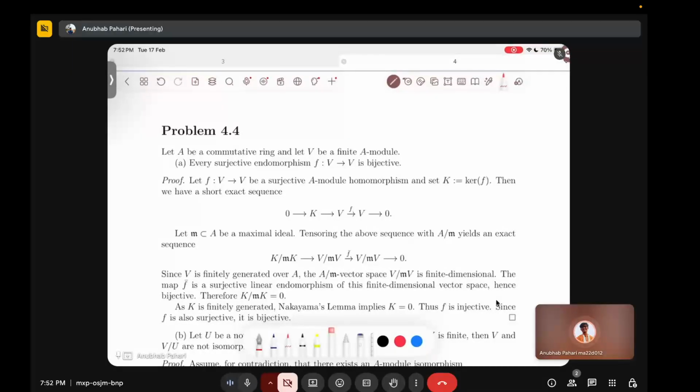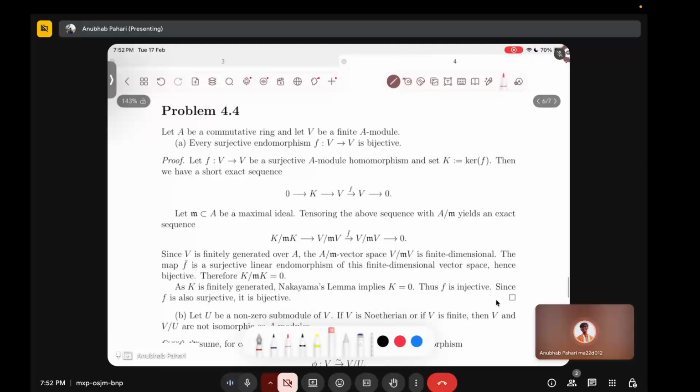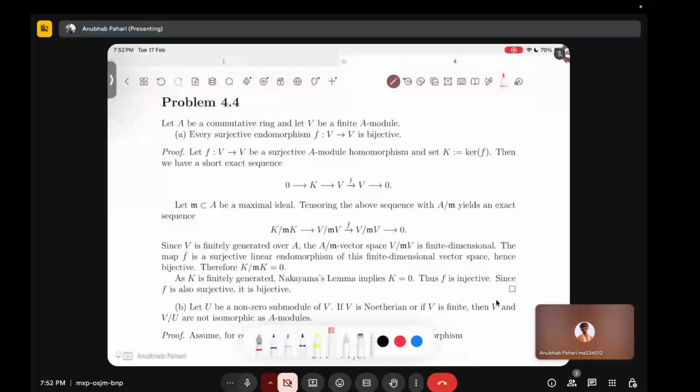Let f be a surjective A-module homomorphism and set K equal to the kernel of f. Then we have a short exact sequence, which we have already mentioned in class: 0 to K to V to V to 0. And let M of A be a maximal ideal.